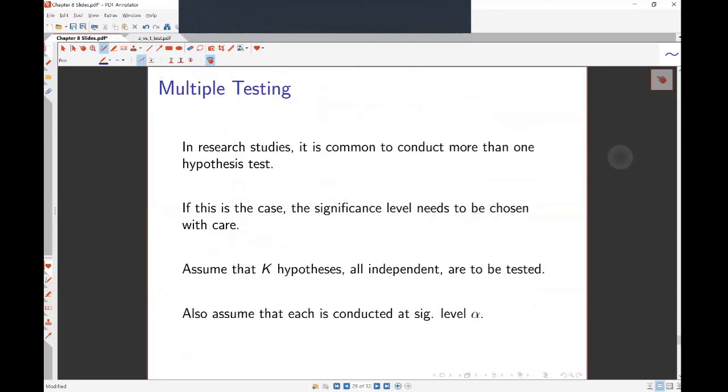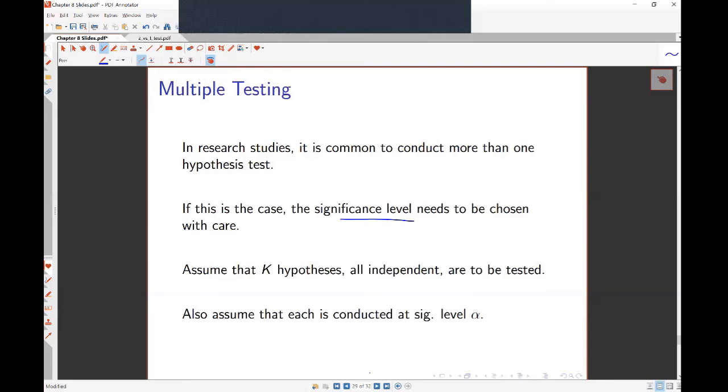The last topic for today is a fairly important one, and that has to do with when we evaluate multiple hypotheses. In many studies, it's common that researchers have formulated more than one null hypothesis, and they want to test all of these hypotheses. But you have to be very careful how you then choose your significance level.